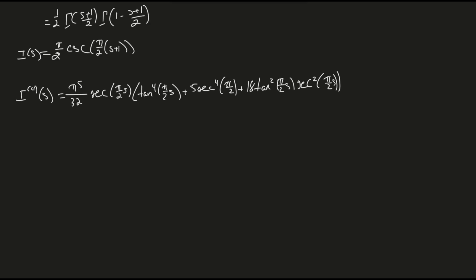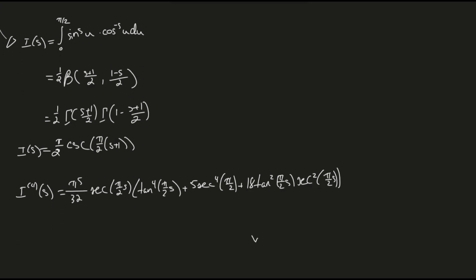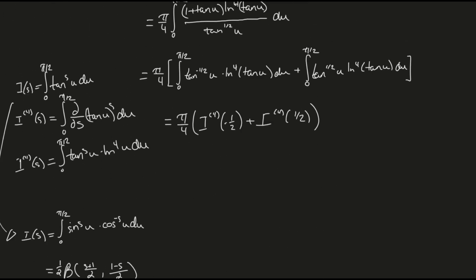So overall, we have an even function, and that means evaluating it at -1/2 is the same as evaluating it at 1/2. So we really only have pi/4 times twice the fourth derivative of I at 1/2. And this simplifies a bit because, well, 2 times pi/4 is pi/2.